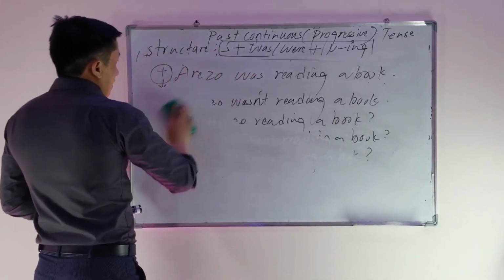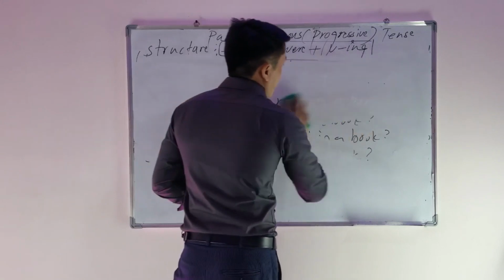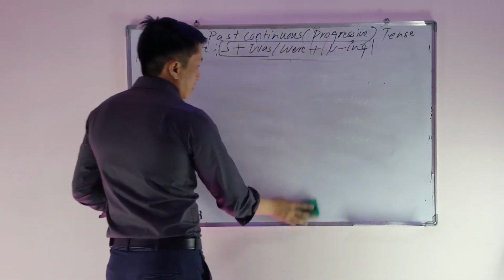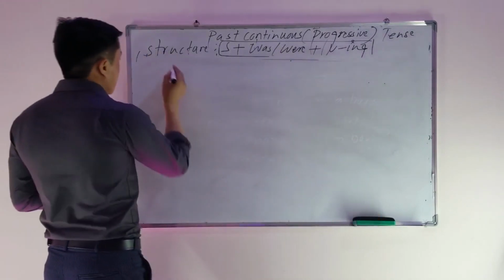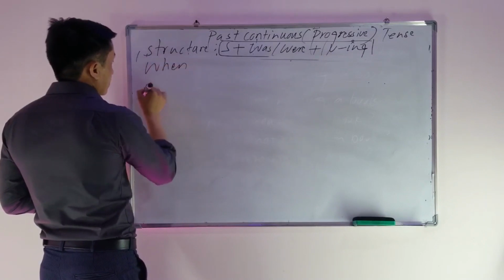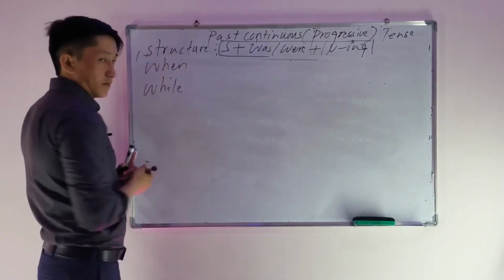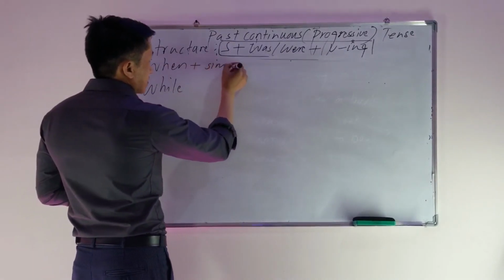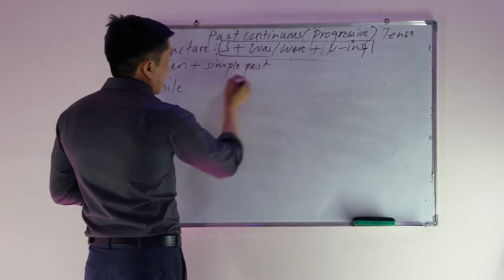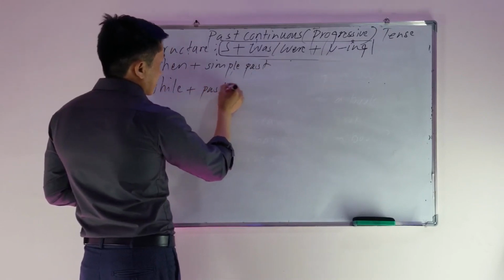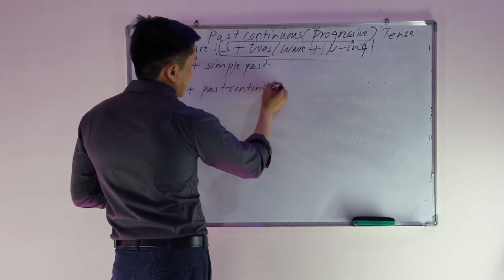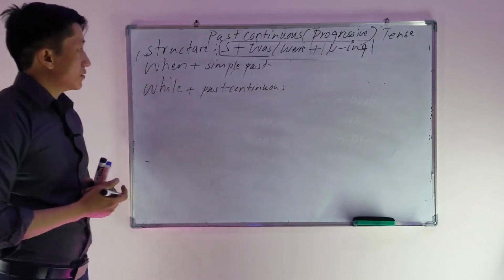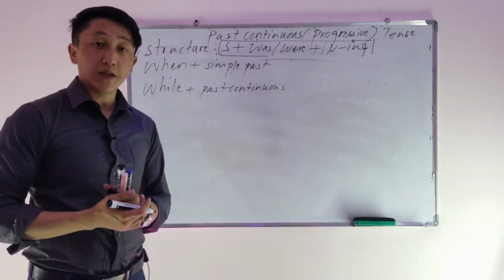Now as I said, in past continuous tense mostly we use when and while. When is mostly used with simple past, and while is mostly used with past continuous tense. I mean, we cannot use past continuous tense with when.